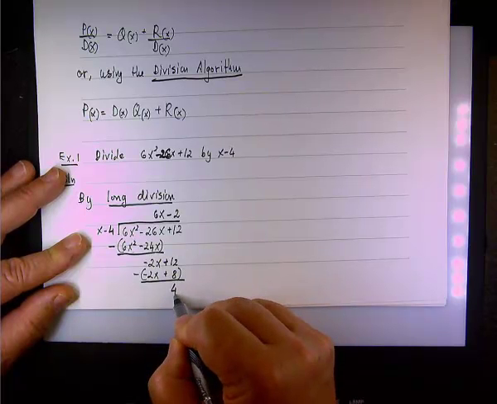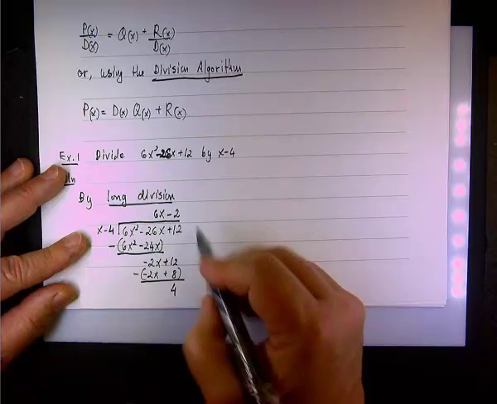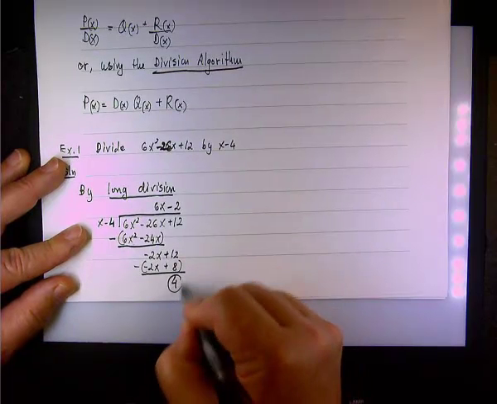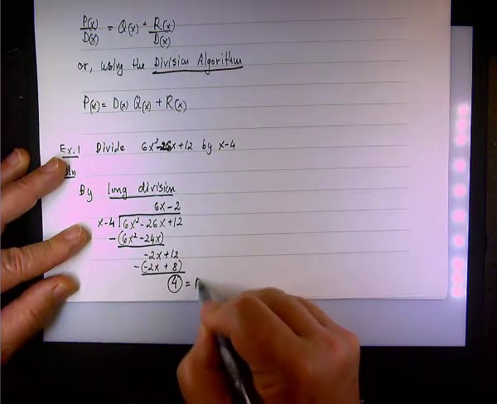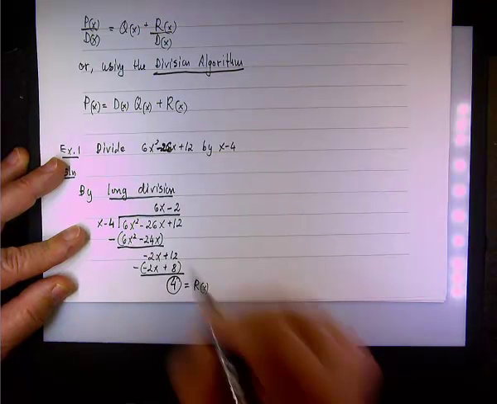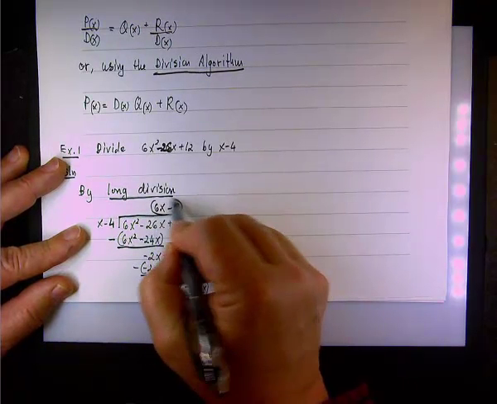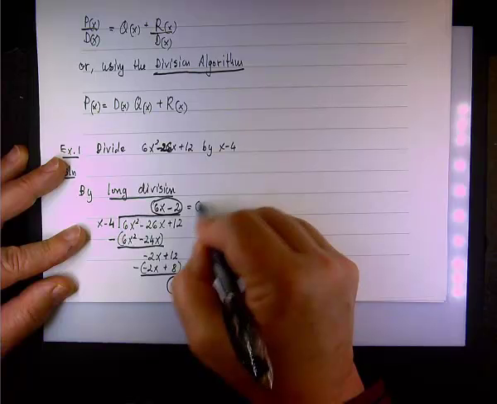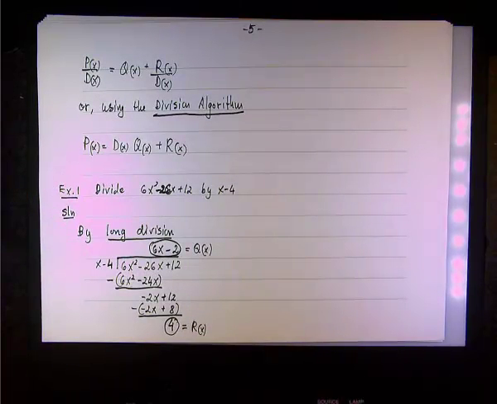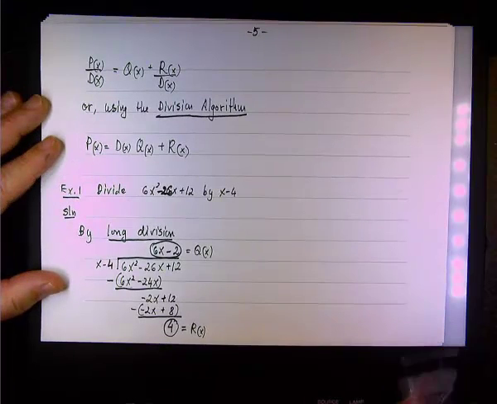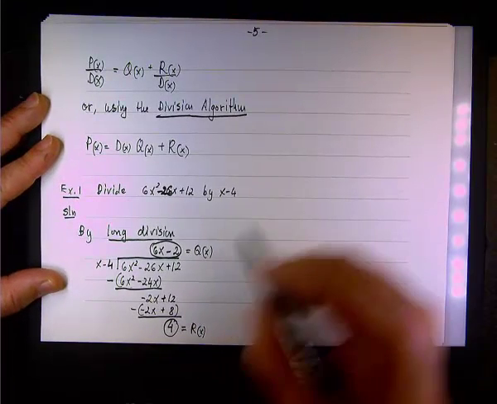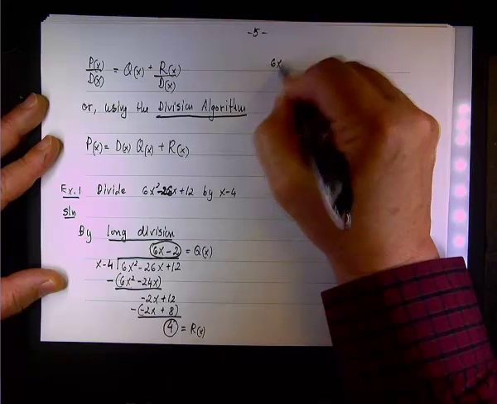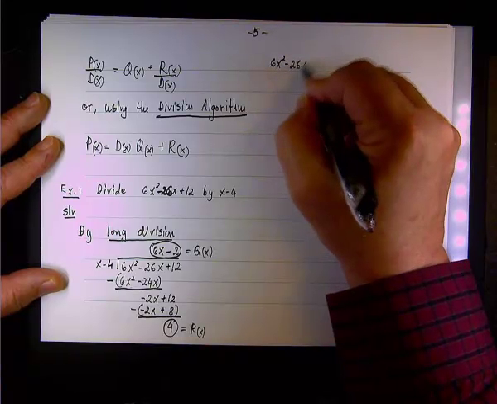Subtract. So negative 2x becomes positive 2x, giving 0 for the first position. And here we have 12 minus 8, and the result is 4. I have nothing to drop, so this is the remainder, r of x. And this is the quotient, q of x.